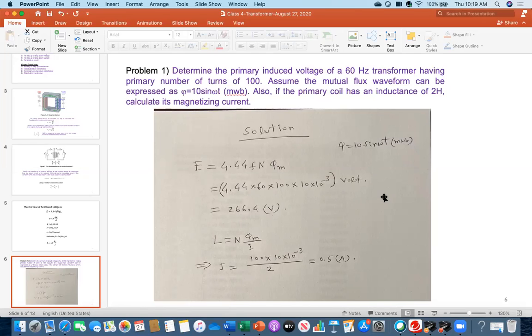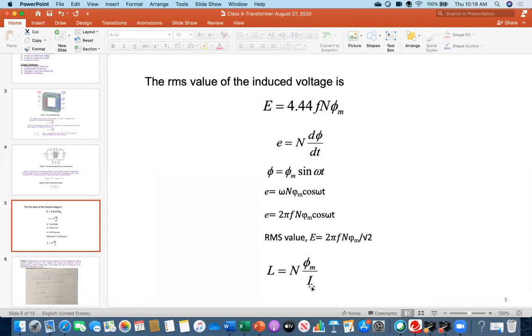Yeah, thank you. And then there is the second part. If the primary coil has an inductance of 2 Henry, then calculate its magnetizing current. This means the current I, because that is actually magnetizing.